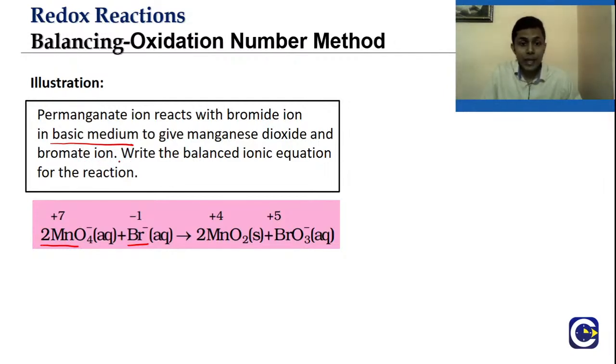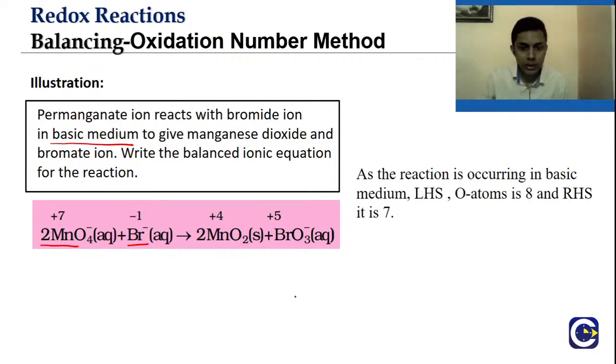Okay, so basic medium. Basic medium means what? Find out how much oxygen imbalance there is and add twice that much hydroxide. Here, 8 is on the left side, the reactant side, 2 into 4 is 8, and on the product side it is 2 into 2, 4, plus 3, 7.